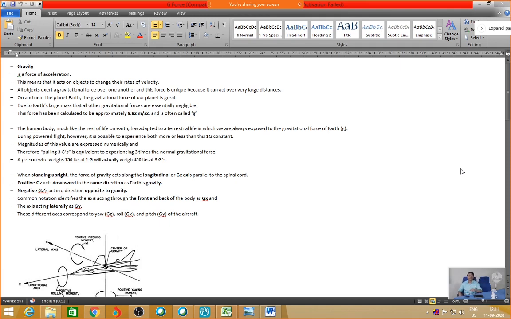Another concept that you should understand is that the human body has learned to survive this particular gravitational pull. Even though the Earth is pulling us downwards, we don't usually feel that acceleratory pull on our body because there is a certain kind of adaptation. This is known as gravitational adaptation.